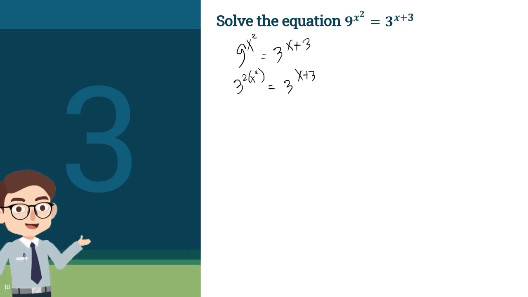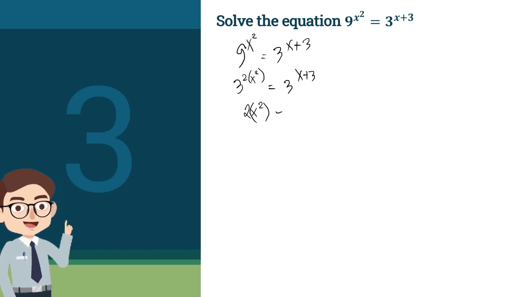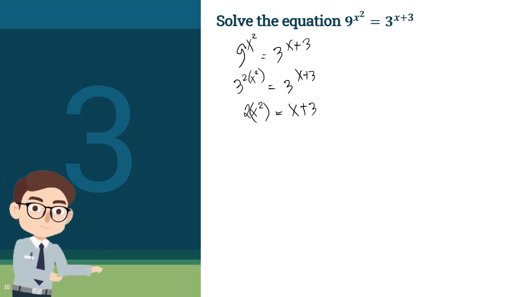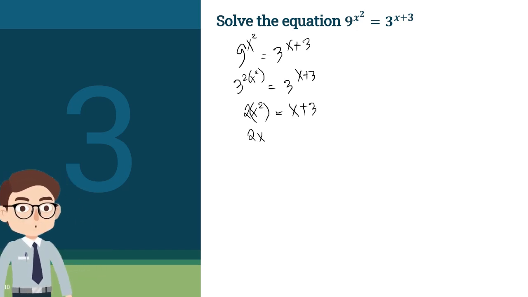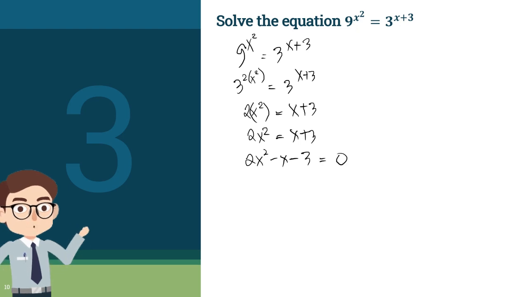Since we have the same bases, we will focus on the exponent, that is 2 multiplied to x squared is equal to x plus 3. Let's simplify it, that is 2x squared is equal to x plus 3. And then we will equate that to 0, that is 2x squared minus x minus 3 is equal to 0.